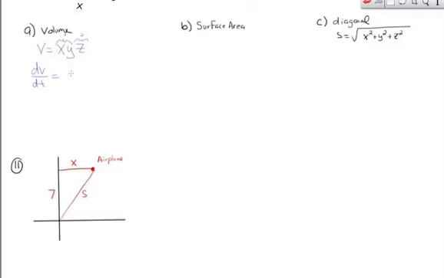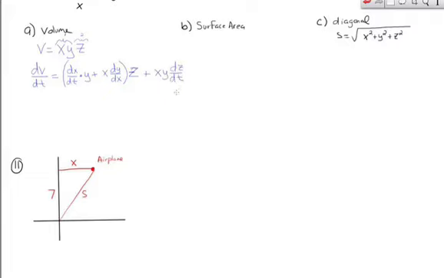So the derivative of x with respect to time is dx/dt times the second plus the first times the derivative of the second. All of that is simply the derivative of the first times the second, just the second, plus x, y, dz/dt.